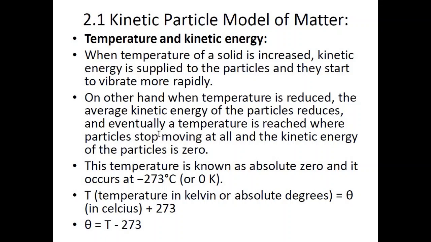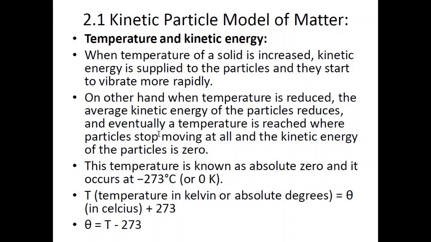The temperature in Kelvin or absolute degrees is written as T. The formula is T equals theta, where theta is in Celsius, plus 273. This is the formula to convert Celsius into Kelvin.